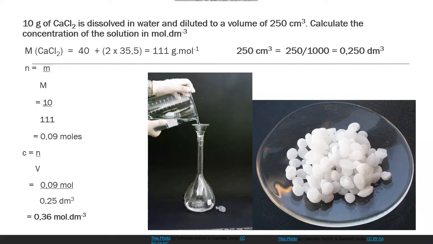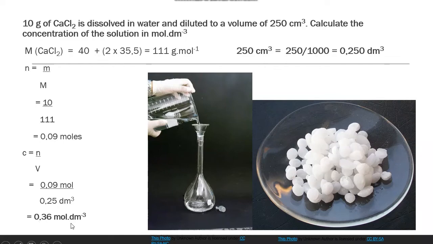So for instance, in this case, I would be weighing out exactly 10 grams of calcium chloride, dissolving it in 250. This is called a volumetric flask. I weigh it out exactly. I rinse my funnel and my stirrer, and I make the solution up to a mark on the volumetric flask. This is called a standardized solution.